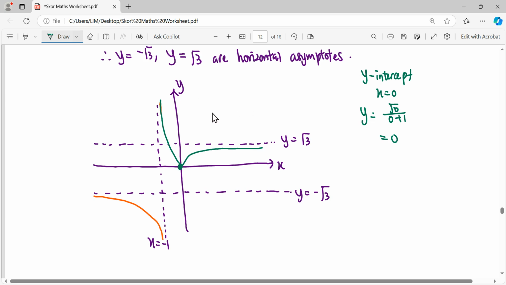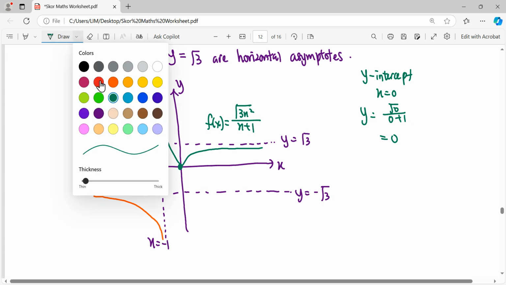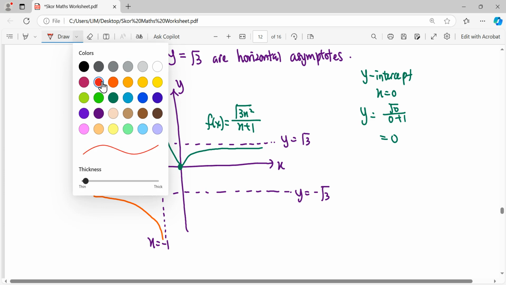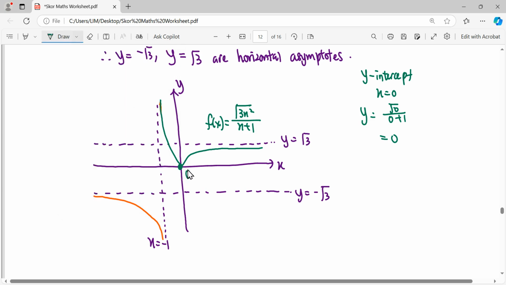So lastly, we just label our function. It is equals to surd 3x squared over x plus 1. So make sure you label your graph. So the graph here is supposed to be labeled here 0.